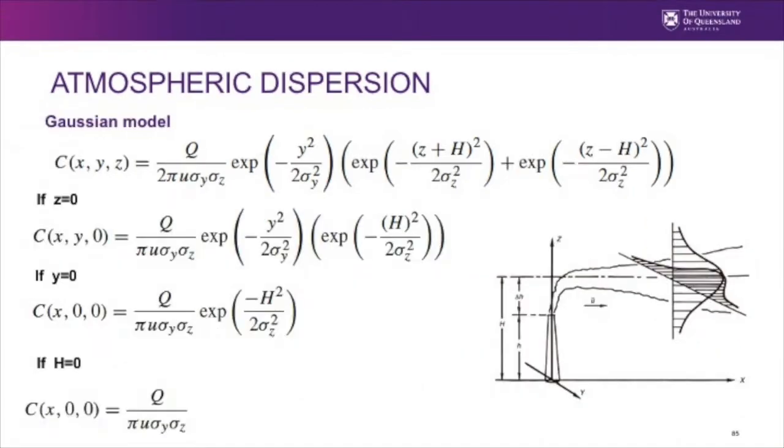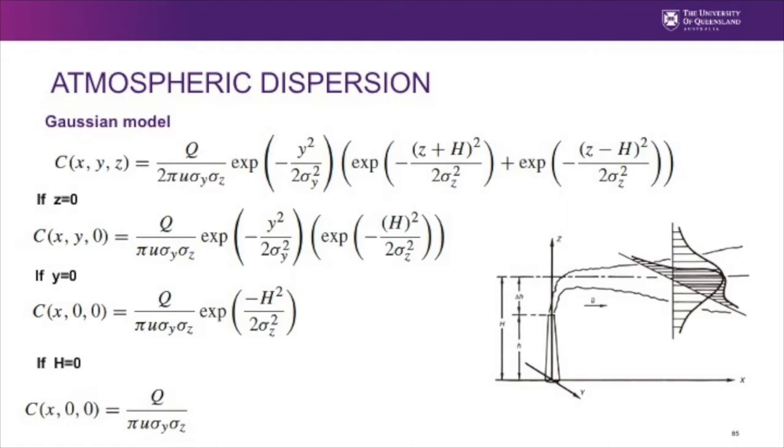In the general case, we are assuming that the concentration disperses in three coordinates, X, Y, and Z. That's why the equation is quite long. But if we only assume that it moves in X and Y, the equation takes the following form. Same if the pollutant is only dispersed in one direction, we will have a more simplified equation.